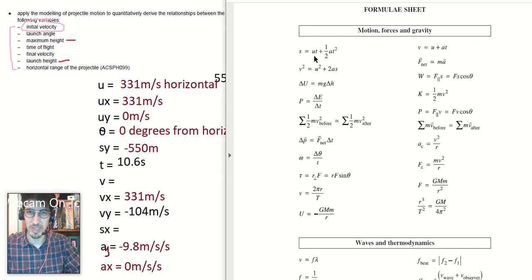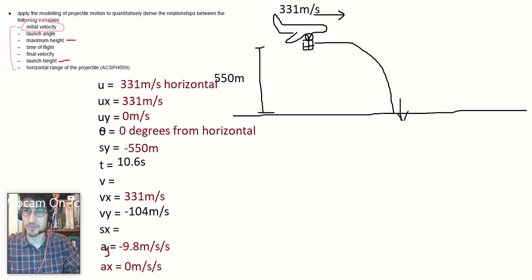So I'm going to be copying this part of the equation over. I'm crossing all of that out because our acceleration is 0. So s equals ut, writing that in here. Displacement equals velocity times time. And this is only working because we're now using horizontal. So this is sx, displacement in the x direction or the range, equals ux times time.